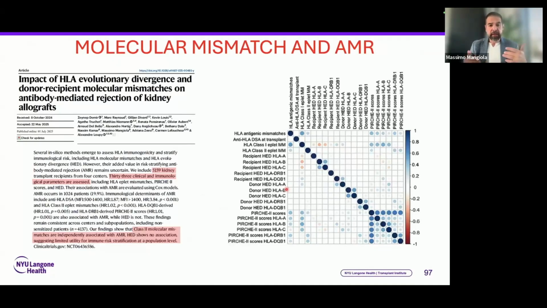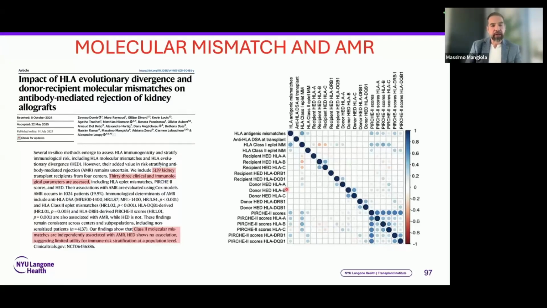This concept was picked up in another paper where they went from 400-something to almost 5,200 kidneys, using one of the best databases we know of, from the PAIRS consortium, where they have a lot of clinical and immunological parameters. In this paper, they correlated 33 clinical and immunological parameters.